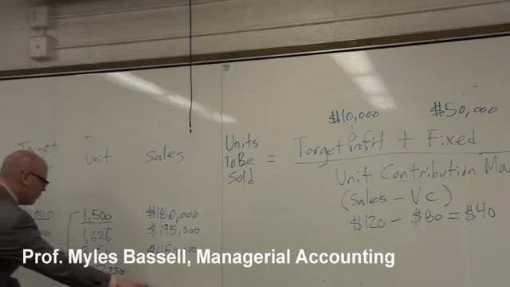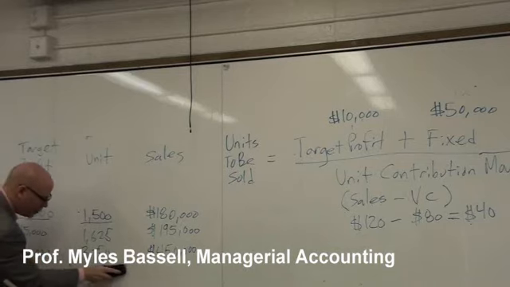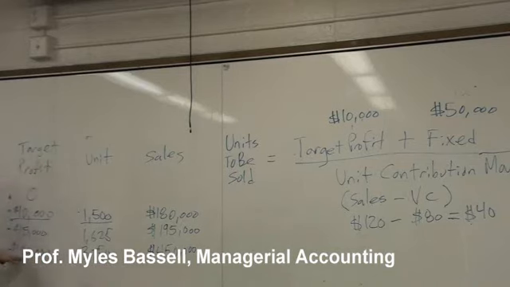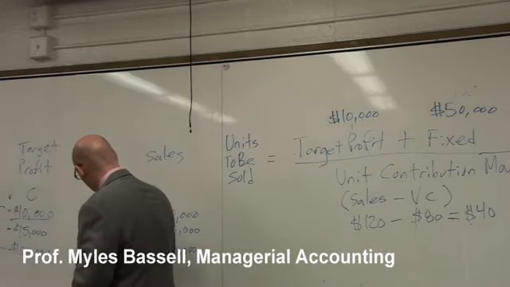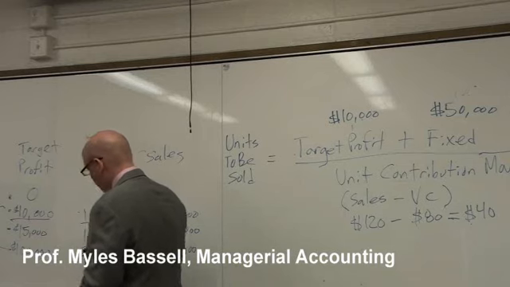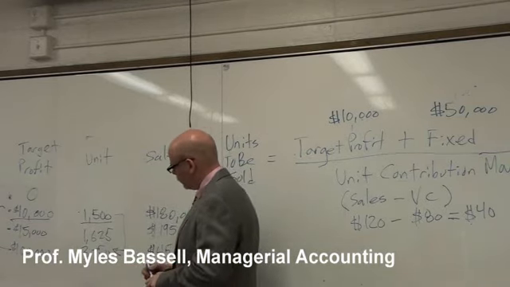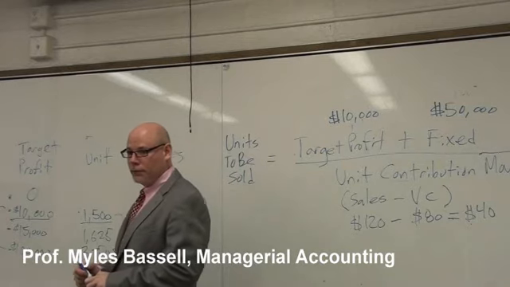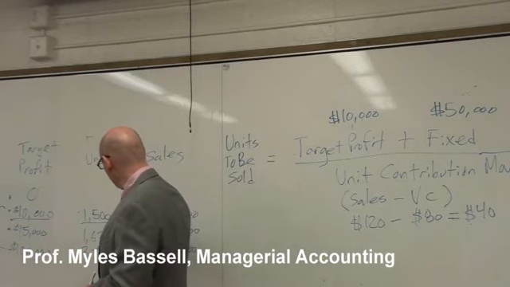And so that's why to go from a target profit of 10,000 to 100,000, because right, this is a tenfold increase. How many fold increase is this from 1,500 to 3,750? What is it? 2 1/4, 2 1/2? 2.5.